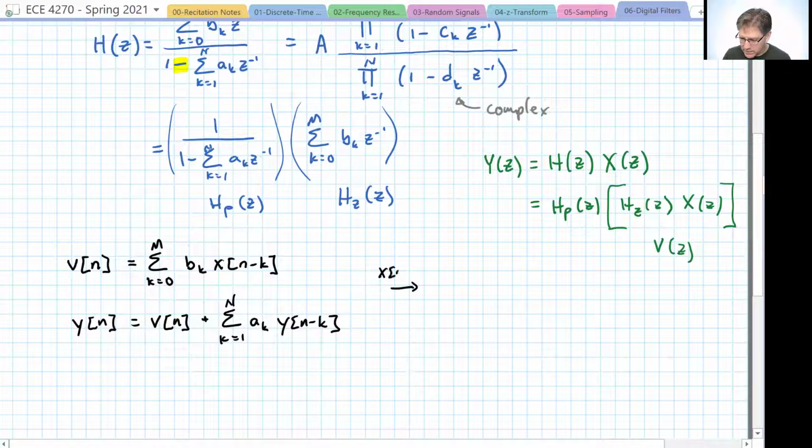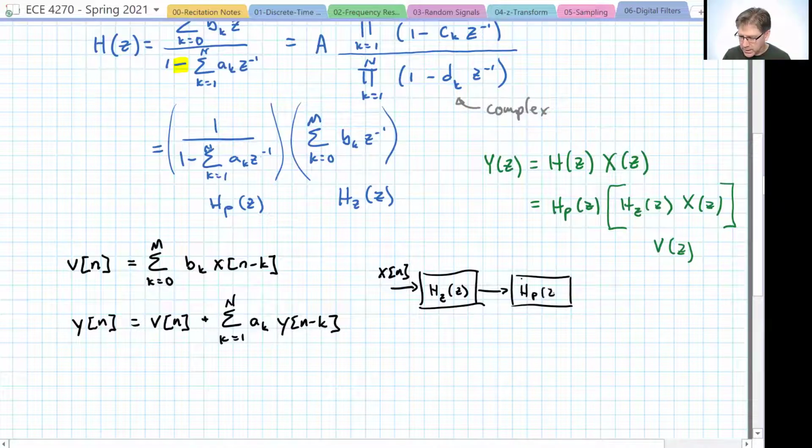And graphically then, we have H_z(z) followed by H_p(z). The intermediate term is our v, and the output term is the y.